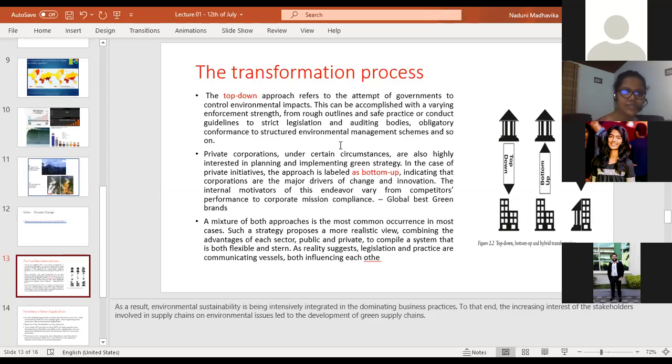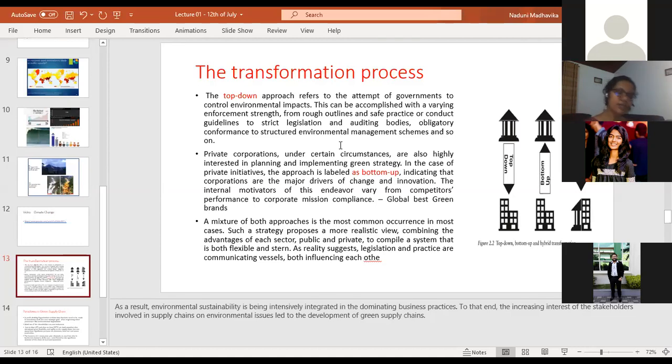That means the business organizations themselves are willing to contribute to the shift from traditional supply chain to green supply chain. The business organizations themselves are involved in the task. It says private corporations under certain circumstances are also highly interested in planning and implementing green strategy.